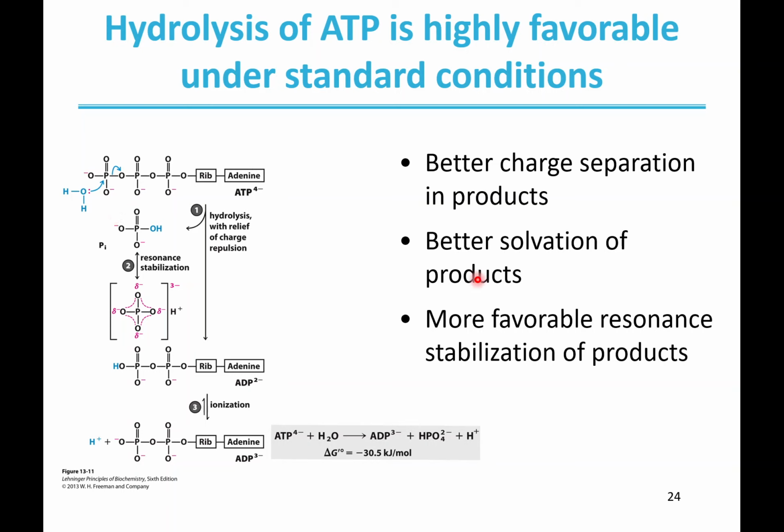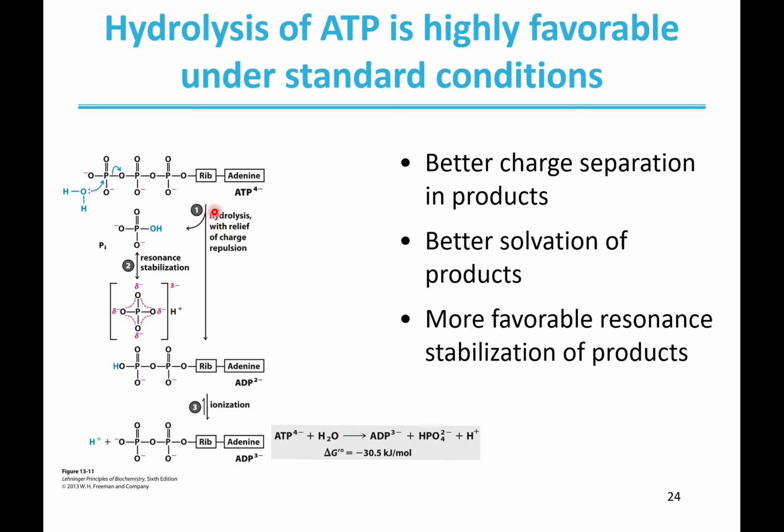You also have better solvation of the products. The water that this is in can interact better when these are broken up. And then finally, you have more favorable resonance products. After the gamma phosphate group is removed, it can have more resonance structures and be stabilized that way, right?